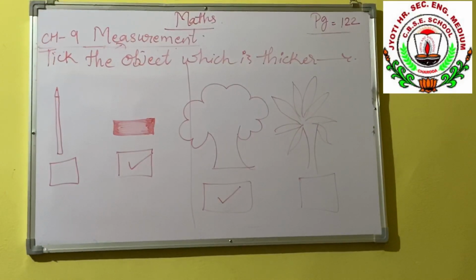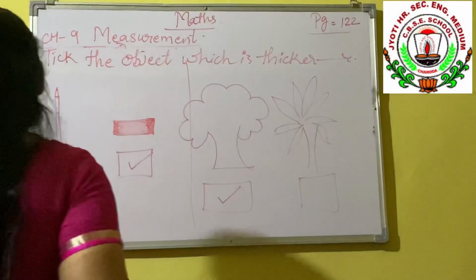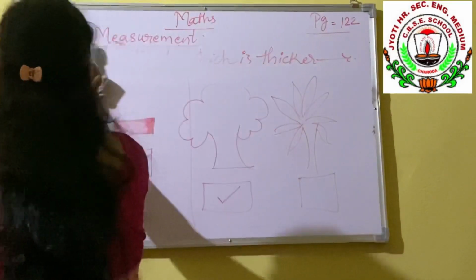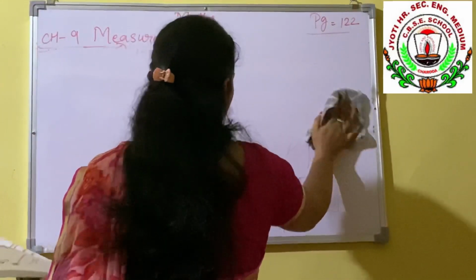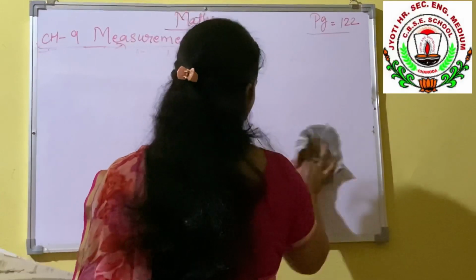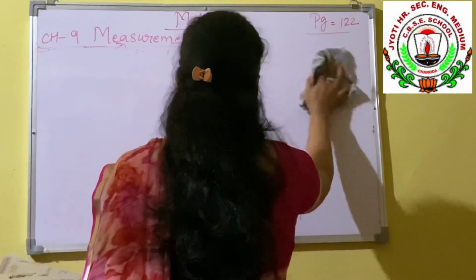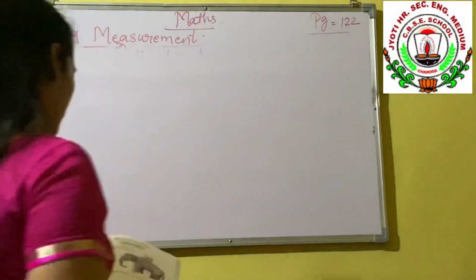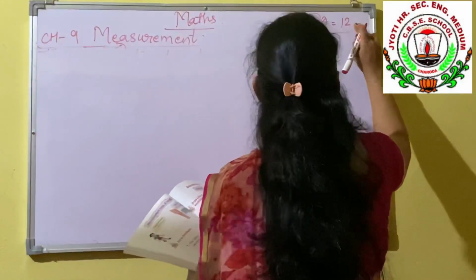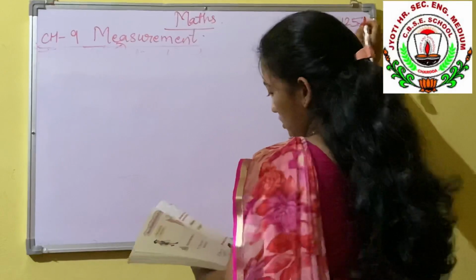Now take out page number 125. Heavy and light.